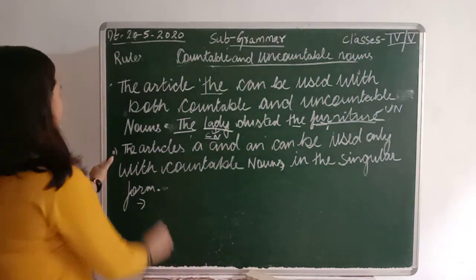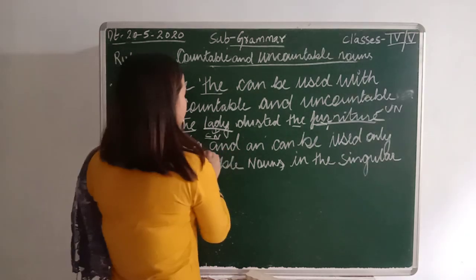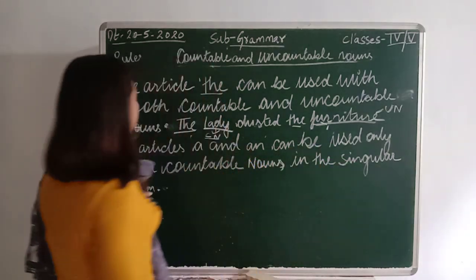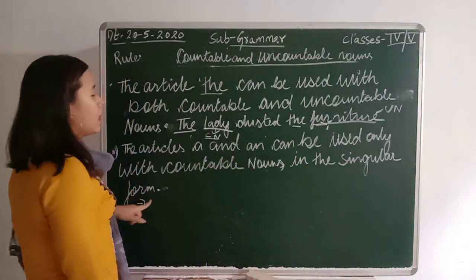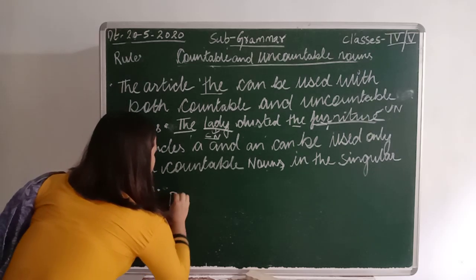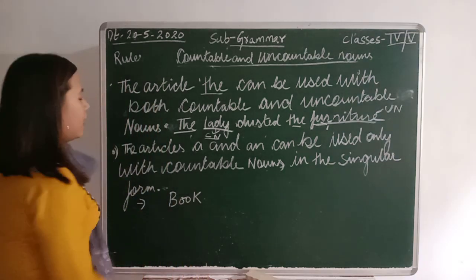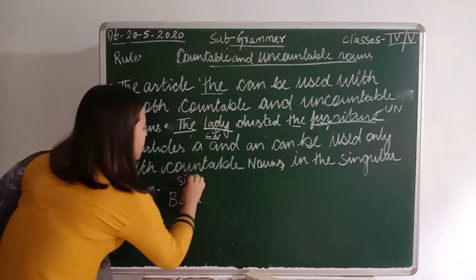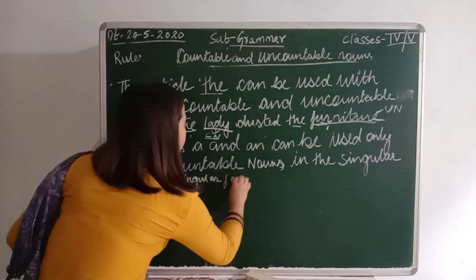So the next rule is the articles a and an can be used only with countable nouns in a singular form. So for example, a book. So book is in a singular form.